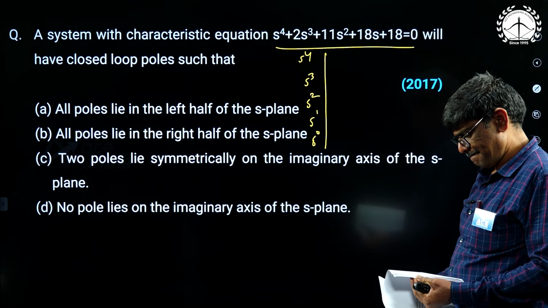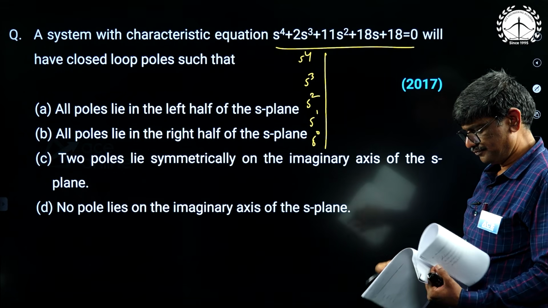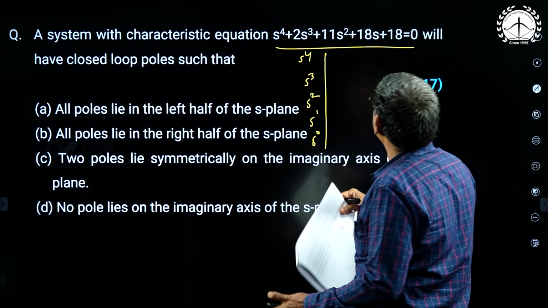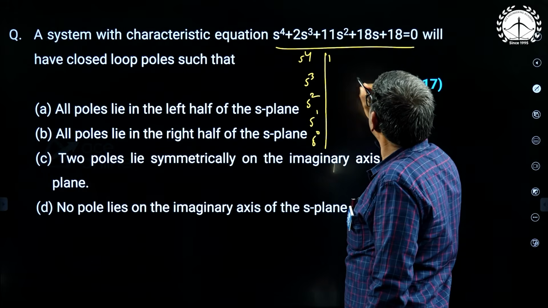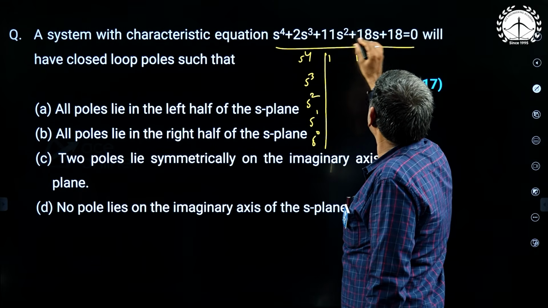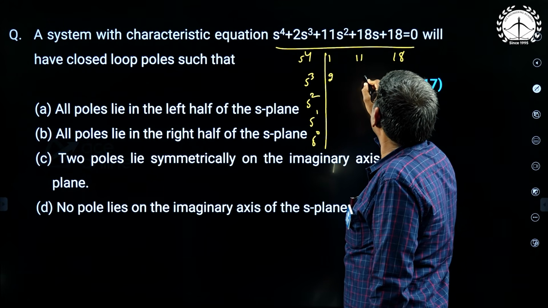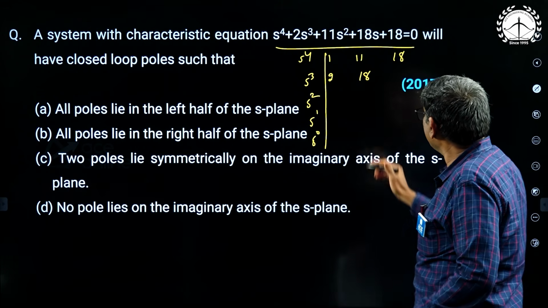Write this. So here what will you get? 1, alternate 11, alternate 18, next 2, alternate here 18. Yes or no? Alternate is 18. You solve it here.